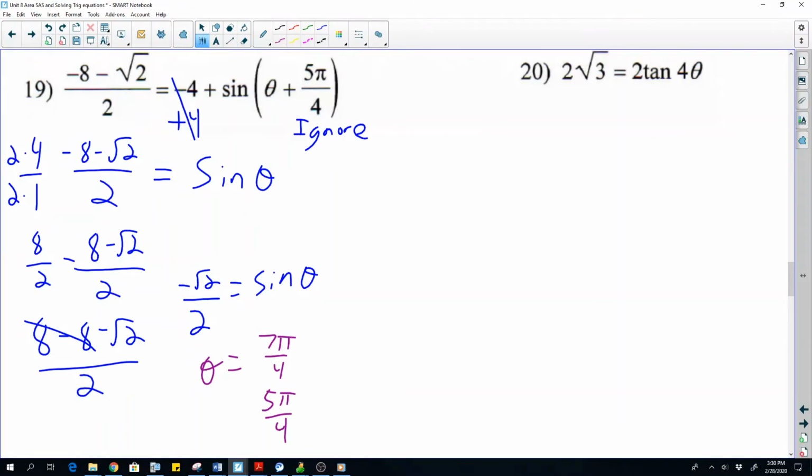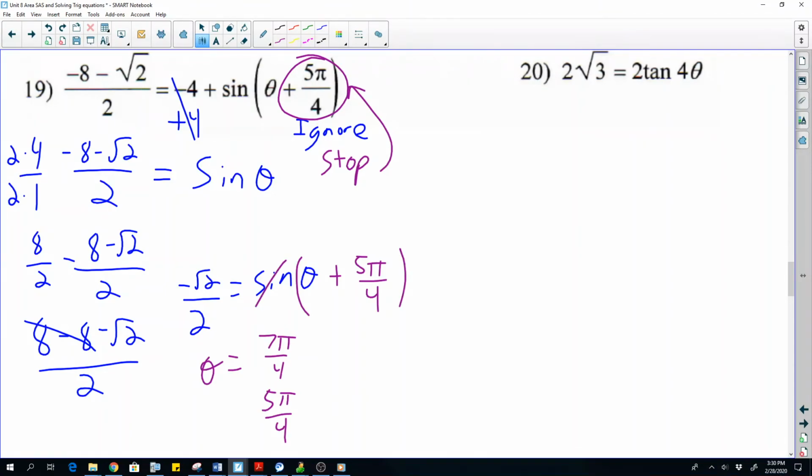Nice. Okay, so then we can now stop ignoring me. I'm over here. Oh, hi, there you are. So don't forget we have 5 pi over 4 with that theta. And so what we did was the inverse, so the sine went to the other side and disappeared.